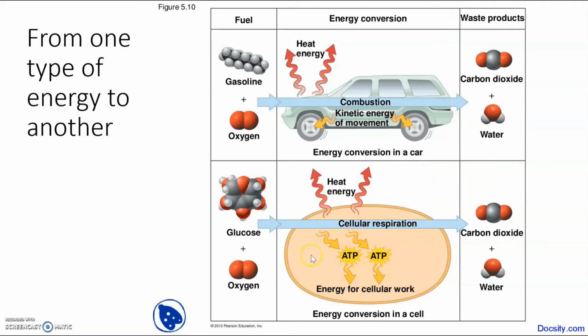And then it's converted into this other form of chemical energy that is the molecule ATP, which is used for active transport across cell membrane, muscle movement, putting together monomers to form polymers, and all those different processes that take place inside cells. And again, we have the waste products, carbon dioxide and water.